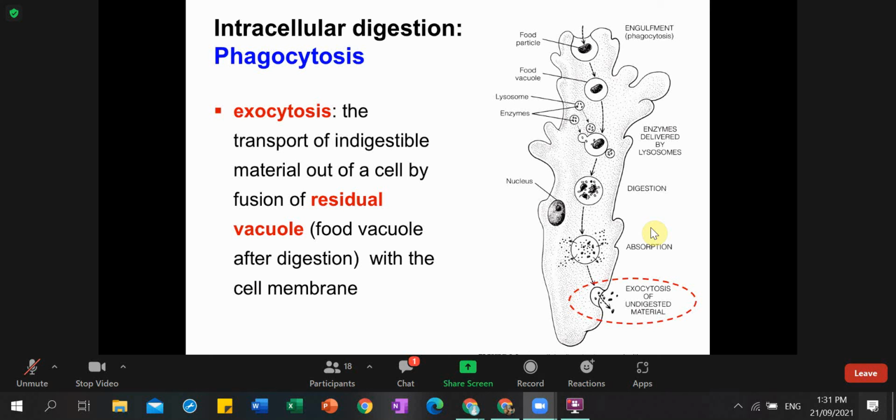This is the main mechanism for them to get enough nutrients. So this is clear for this part? Any question for this part? No? All right.